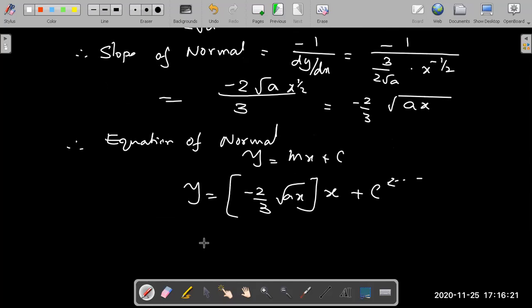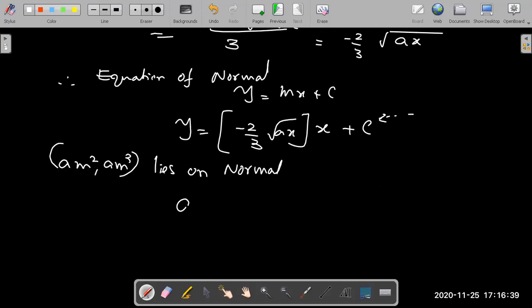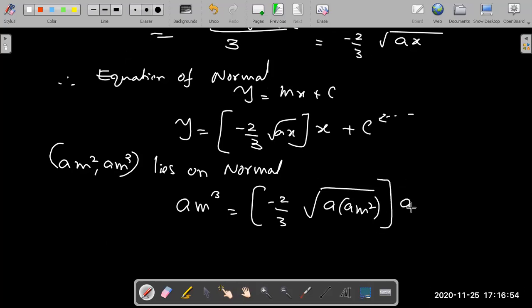So now we are substituting the coordinates (am squared, am cube), which lies on the normal. That means I can substitute this y value on the left side. That means am cube equal to minus 2 by 3 root of a into am squared, that is it, substituted, and again x value is am squared, plus c.